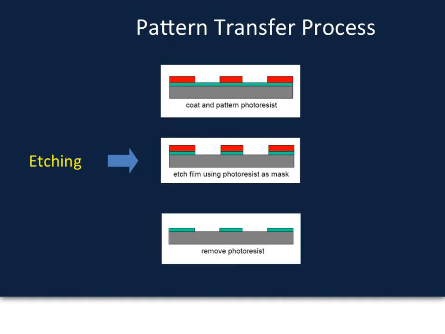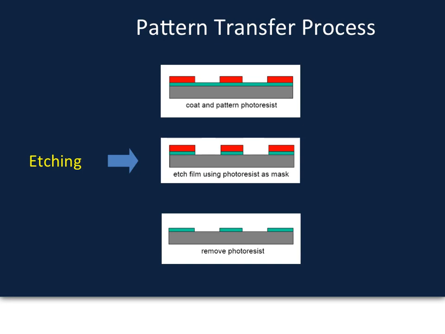And also, as we saw last time, the construction of MEMS devices involves a series of pattern transfers via, for the most part, lithography or photolithography, material deposition, for example by chemical vapor deposition, and material removal via, for example, chemical etching. So the substrate is the gray here, the material we want to pattern is in green, and the photoresist that we have already patterned with photolithography is the red bits there.